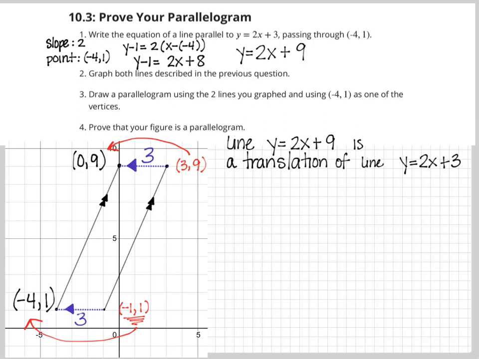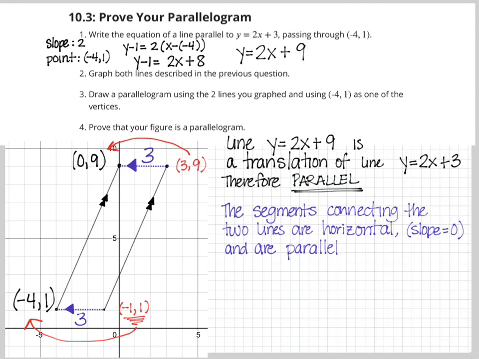And since it's a translation, then those lines have to be parallel. But we already knew that because in the equation they had the same slope. The segments that connected them are both horizontal. Well, horizontal lines have a slope of 0, which means they're parallel since they have the same slope.